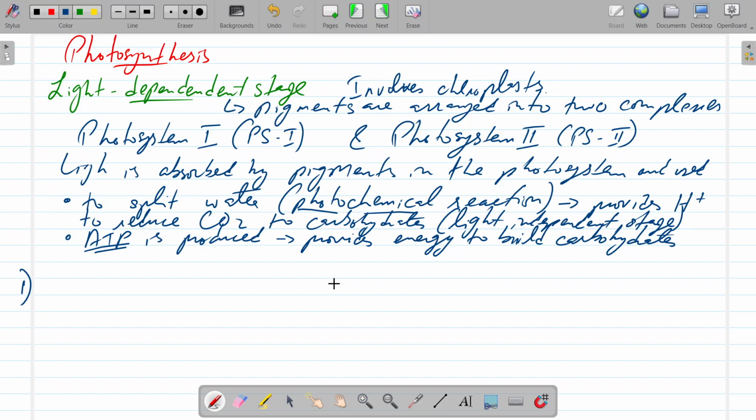And there's no preference between them, that under certain conditions one would be favored over the other. So I'm saying that before going to the explanation, they both just happen and they happen simultaneously. Okay, and the first one is called cyclic photophosphorylation.